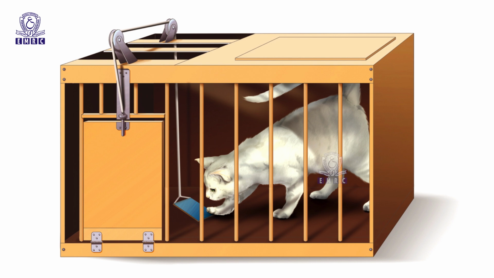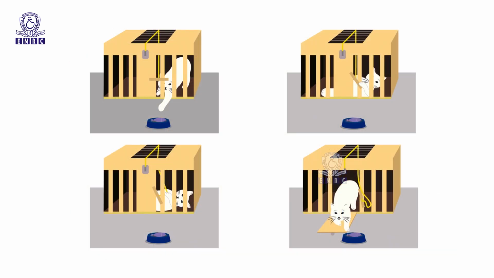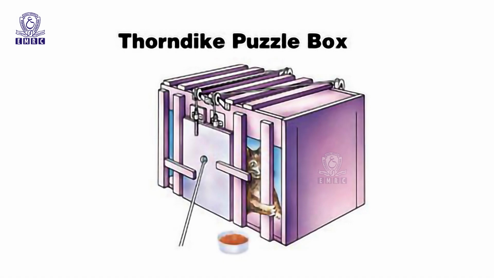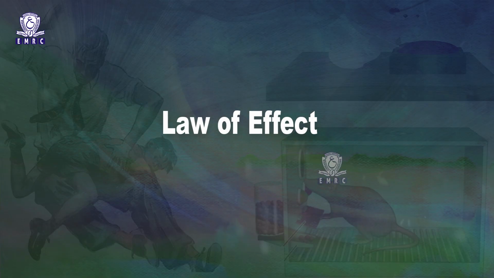However, other behaviors, for example, pushing the door, that did not lead to escaping and getting the food, would not be repeated. Based on the results of these puzzle box experiments, Thorndike developed what he termed the law of effect.